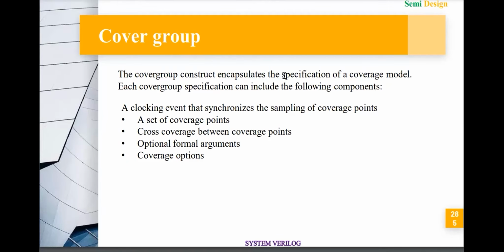Within covergroup and endcovergroup we write everything. We will create the coverpoints and the bins. A set of coverage points, cross coverage, optional formal arguments and coverage options, all of these are sampled, whatever we have written in the covergroup.